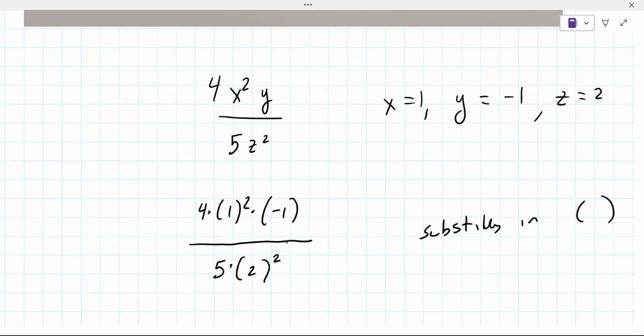Let me redo this. With that, no, 5. Oops, 2, 2.